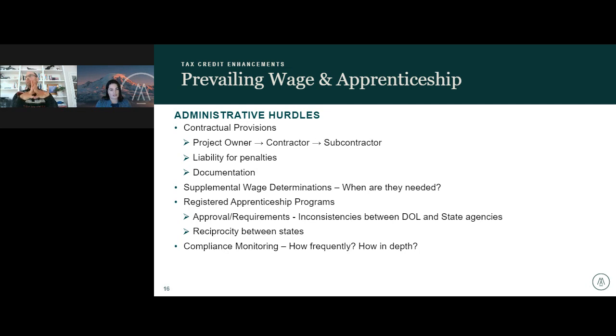But the question there is how in depth do you need to go? How much can you rely on the information being provided by your contractor or subcontractor that it is accurate and complete? Again, that's all going to be project specific and project owner specific, but things to consider.